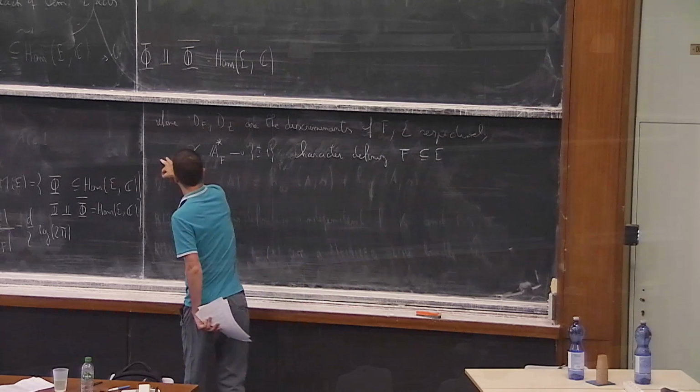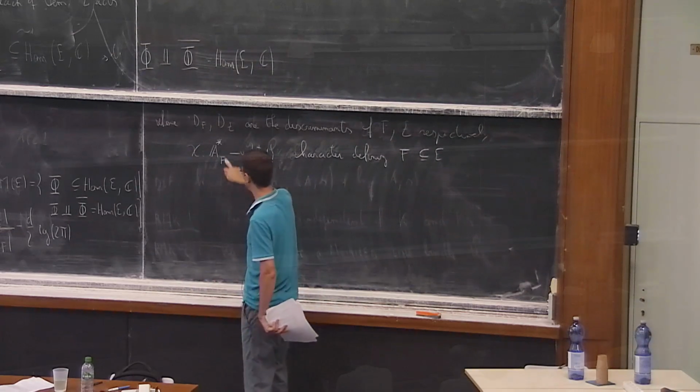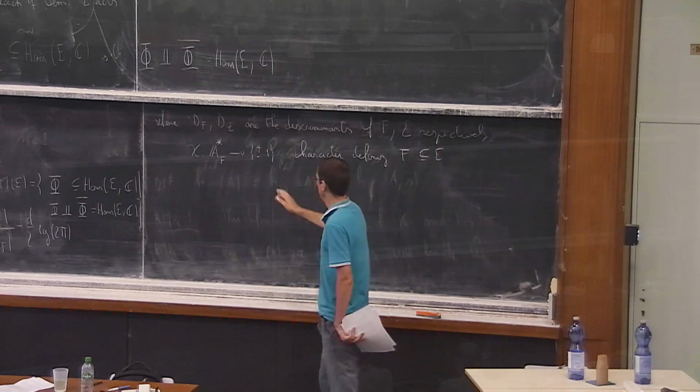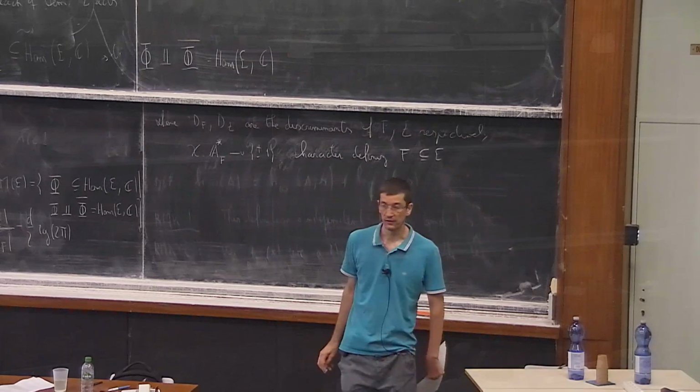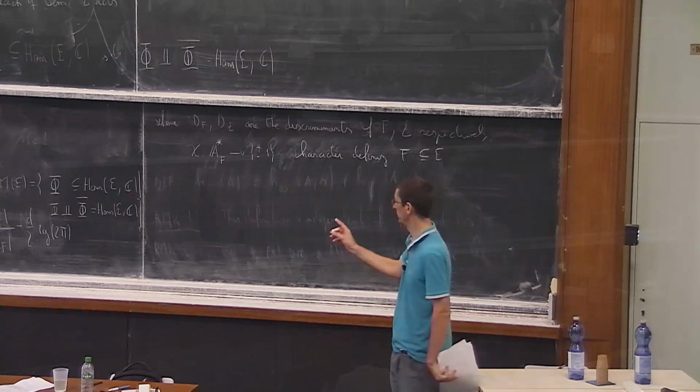So the kernel is the norm from A_E star, and it identifies the quotient, which by class field theory is the Galois group of E over F, with plus or minus 1.